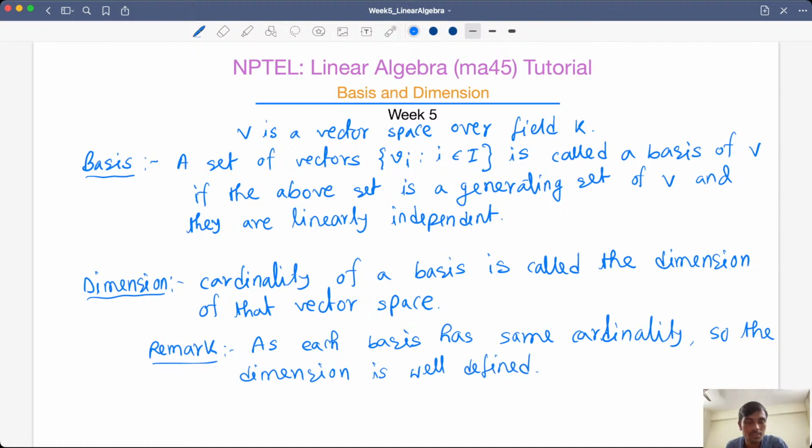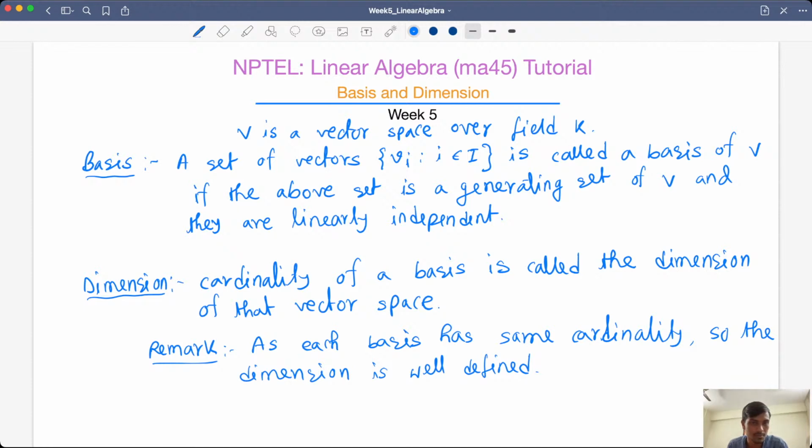Also in the class you have seen that a basis is a minimal generating set for the vector space V, and it is a maximal linearly independent subset in V. So if the dimension of a finite dimensional vector space is n, then if you have n linearly independent vectors in the vector space, that will be a basis.